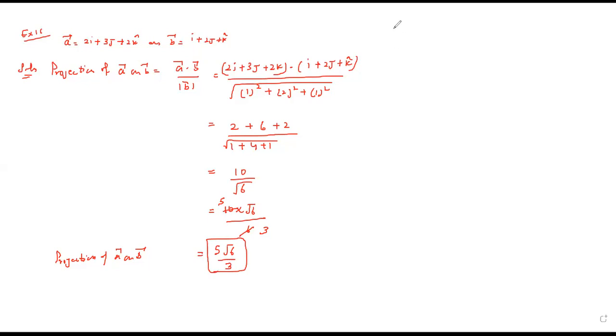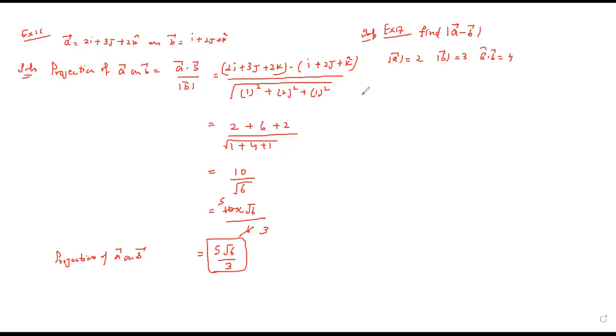Now, example 17, this is very important. Find mod of A minus B, if two vectors A and B are such that magnitude of A is 2, magnitude of B is 3, and A dot B is 4.